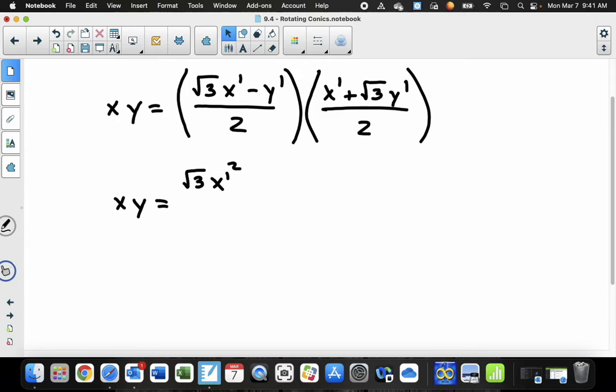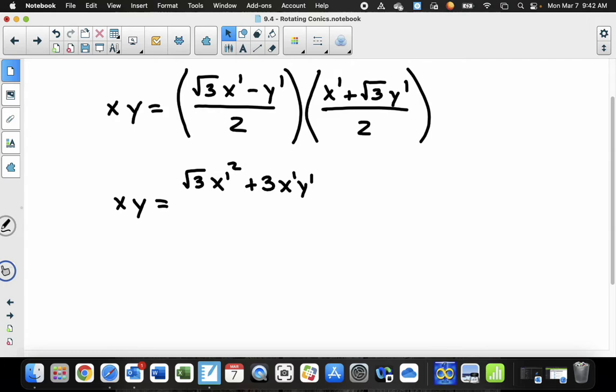When I take the square root of 3x prime and multiply it by square root of 3y prime, what's the square root of 3 times the square root of 3? 3. And then x prime times y prime is just that. Okay, so you end up with plus 3 x prime y prime. Okay? When the variables are not the same, you just put them together.